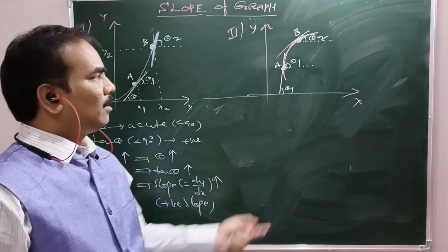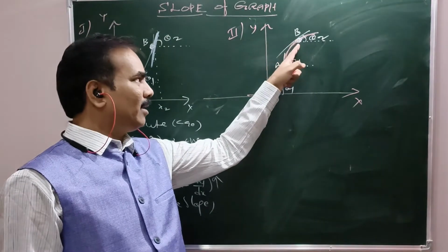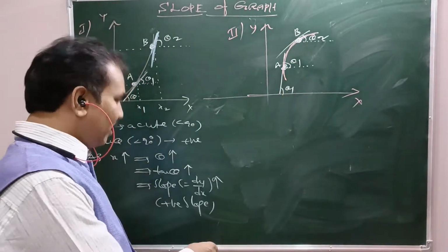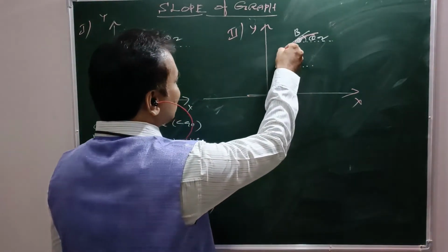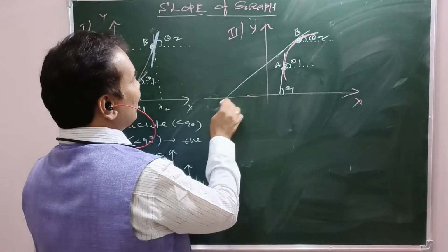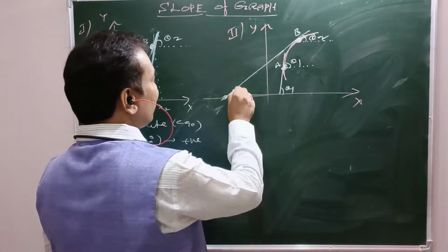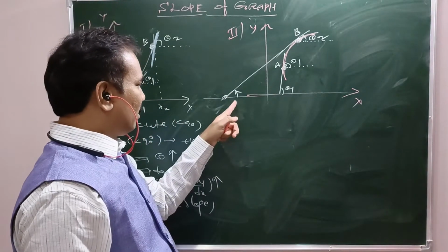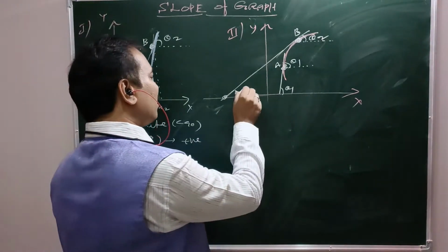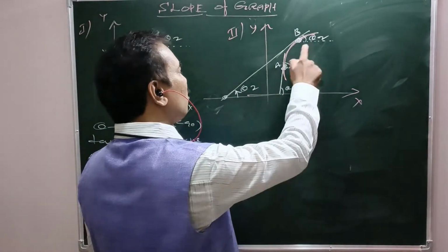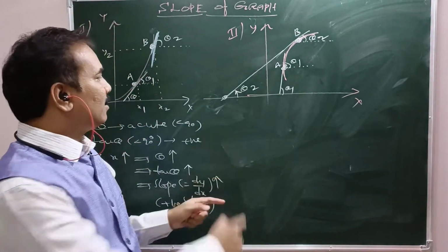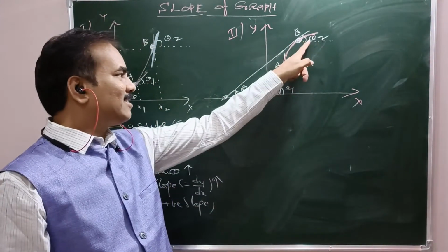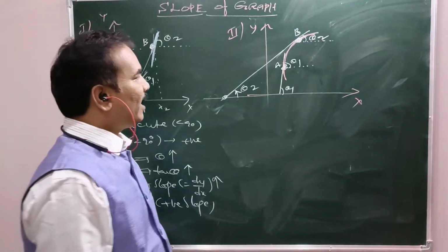It is the angle made by the tangent drawn at point B with x. With x means extend this one, so it cuts the x-axis somewhere here. If I take it in the anti-clockwise sense, with the positive x-axis, it is theta 2, and this one is also theta 2. This is the extended tangent drawn at point B, so here it is theta 2, here also theta 2, right?